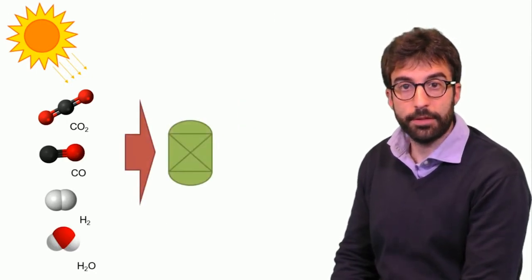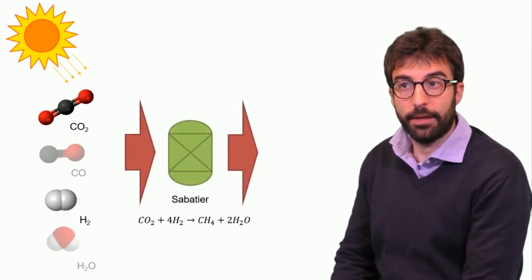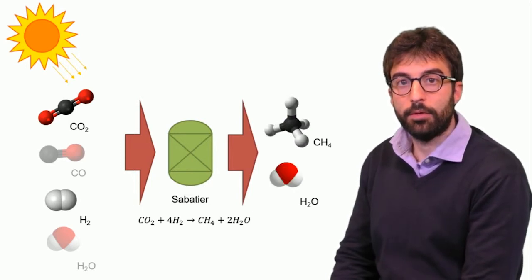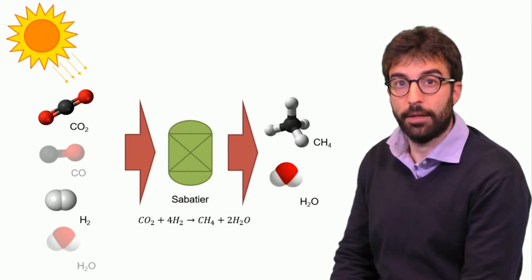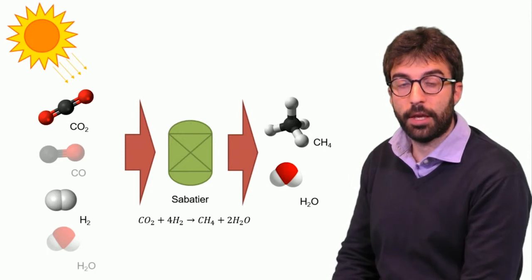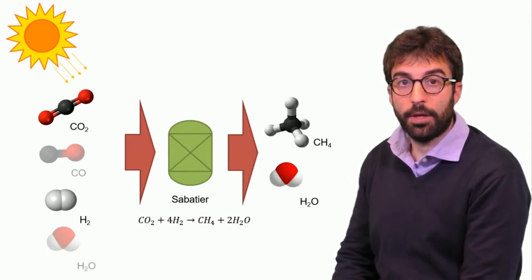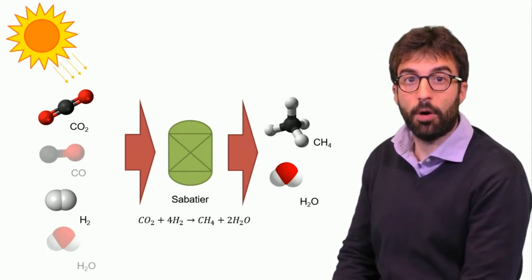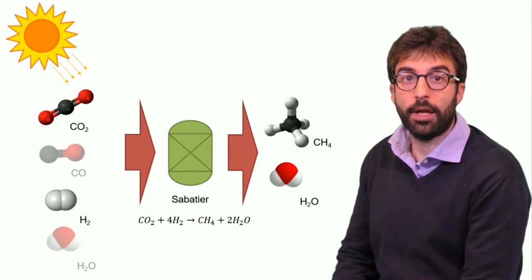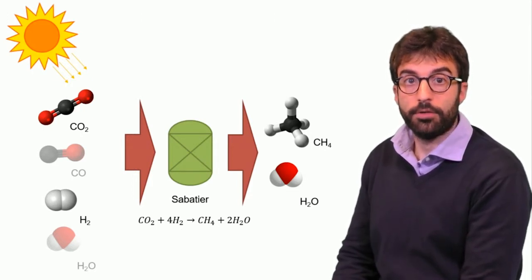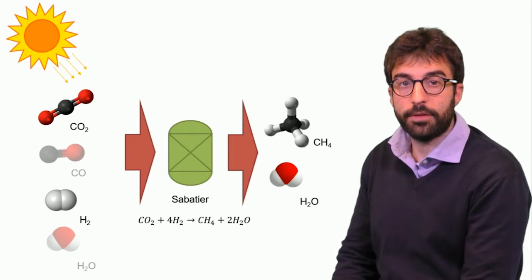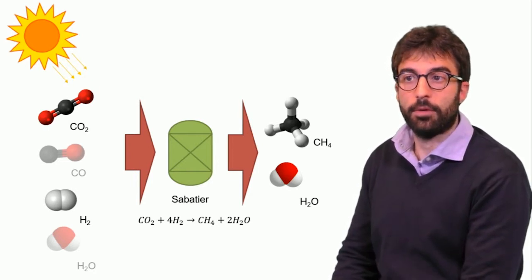Another interesting process is what is called the Sabatier process. In this case, the product that we want to produce is methane. Methane is pretty interesting because we can use it in many energy systems, or introduce it in the natural gas network so that we can improve the sustainability of an existing network.